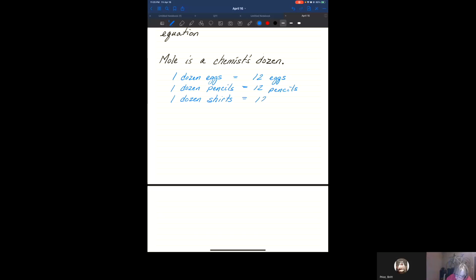It's getting silly. Right. There's 12 shirts. The key thing here, the word dozen goes with 12. A dozen is 12.